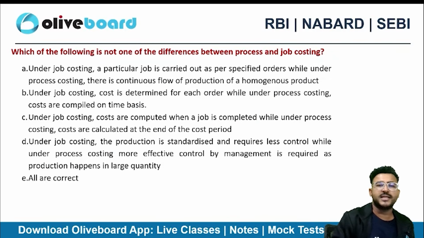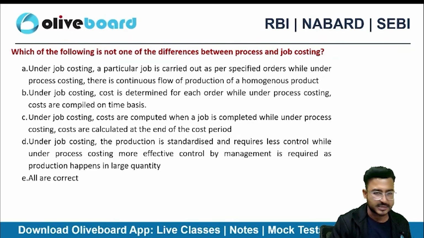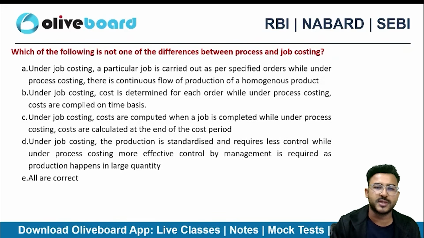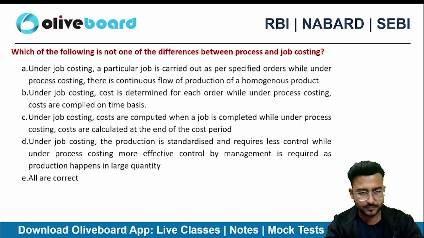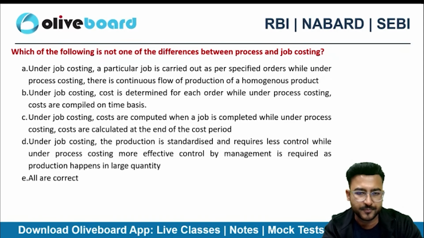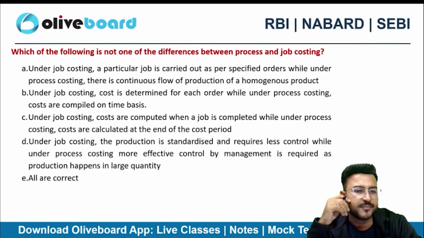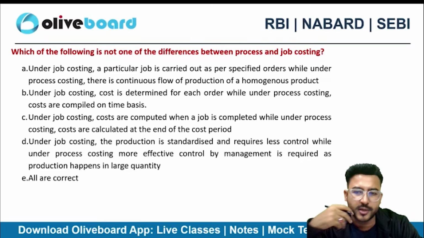Which of the following is not one of the differences between process and job costing? Under job costing, a particular job is carried out as per the specified order, while under process costing, there is continuous flow of production of the homogeneous product. Looks fine. Under job costing, the cost is determined for each order, while under process costing, the costs are compiled on time basis.